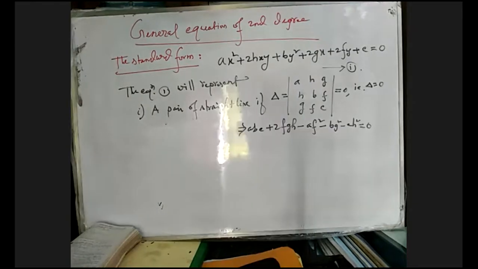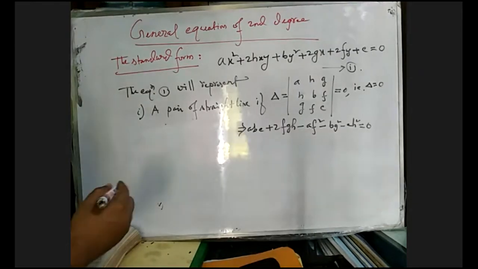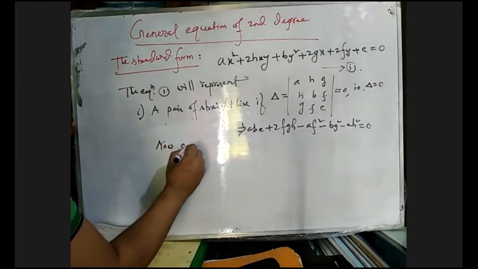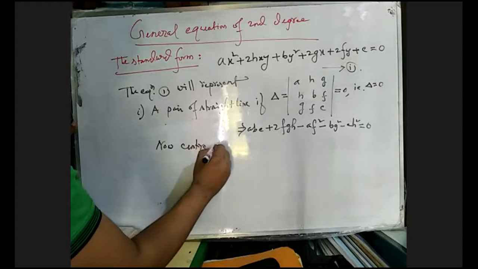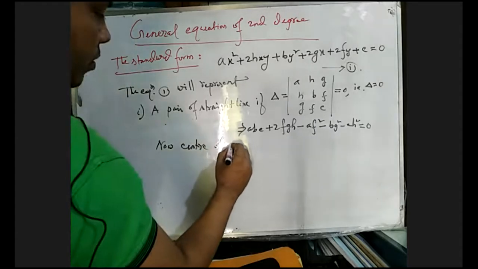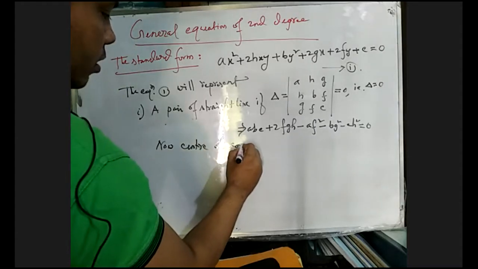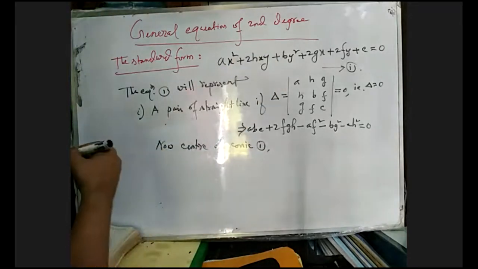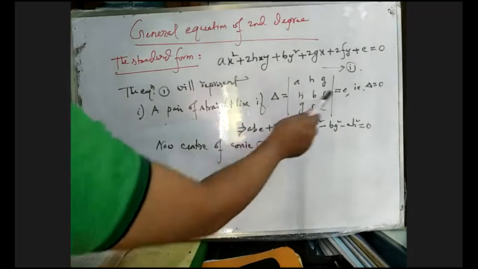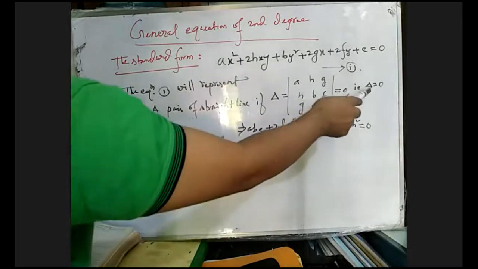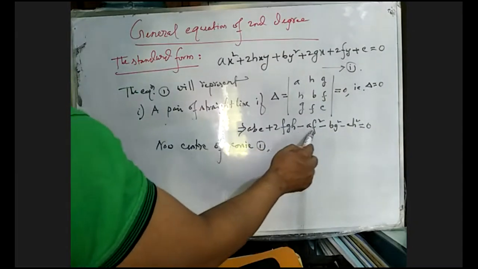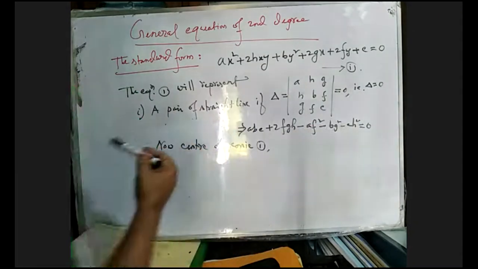Now the center of the conic. Actually this determinant equals 0, which can be written as abc plus 2fgh minus af square minus bg square minus ch square equals 0.